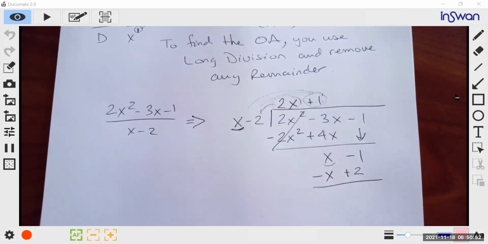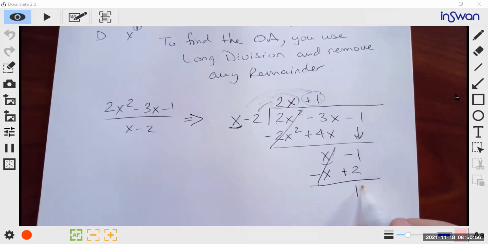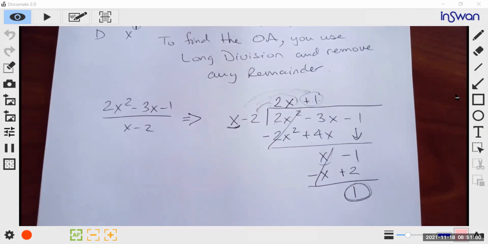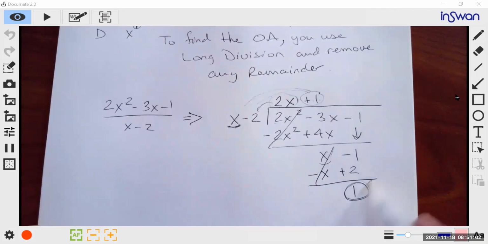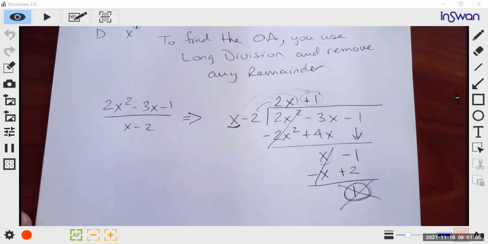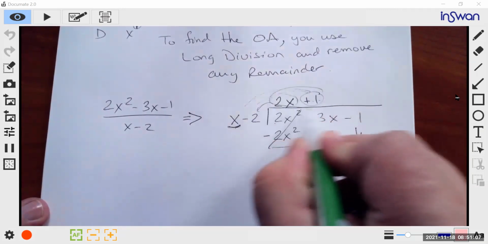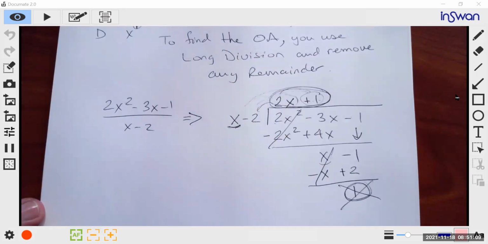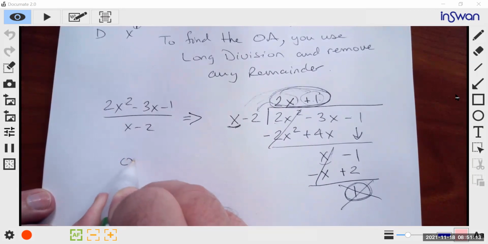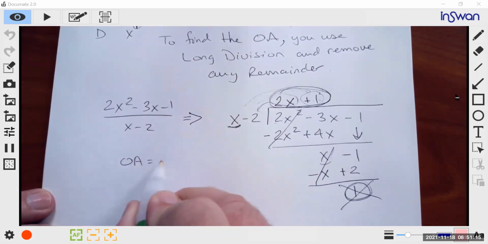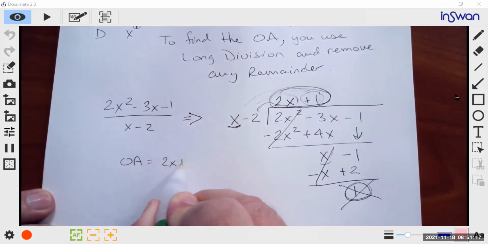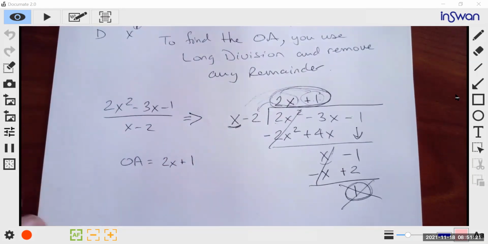Change the signs and add. 2 minus 1 is 1. There's your remainder. We don't use it. We don't need it. We only need that answer. Your oblique asymptote is that line. What does that line look like?